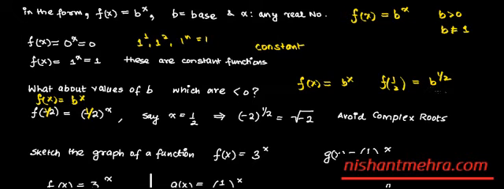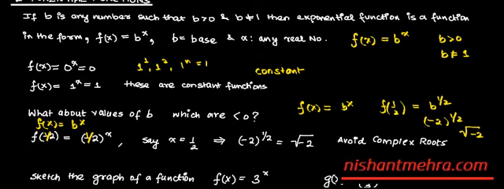The only problem is a negative base, like (-2)^(1/2). This will become the root of minus 2, which is 2i, but you want to avoid complex roots. So what we have understood here is that f(x) = b^x is the form of the exponential function. This base has to be greater than 0 and it shouldn't be equal to 1.